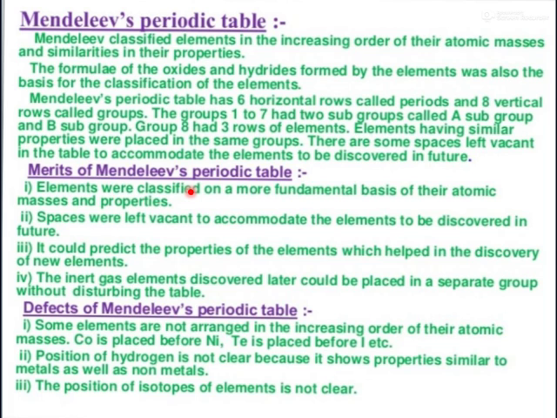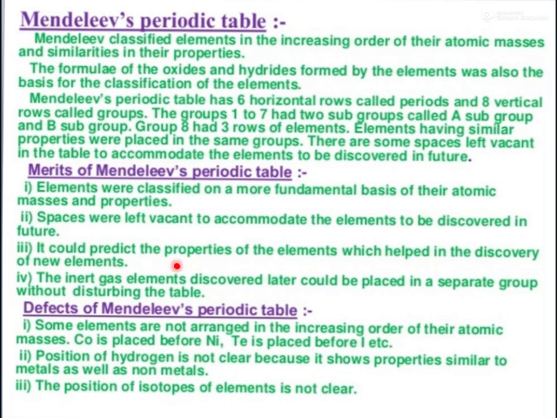Mendeleev arranged them by atomic masses, but properties were also considered. Spaces were left vacant to accommodate elements to be discovered in the future. Obviously, that was a very good point.